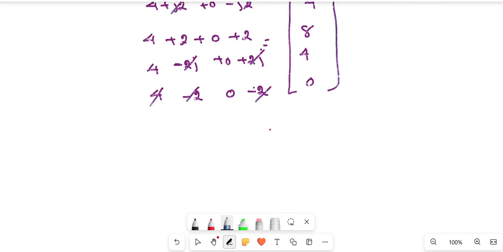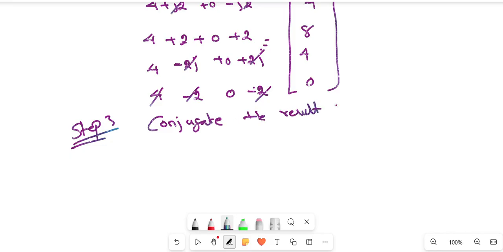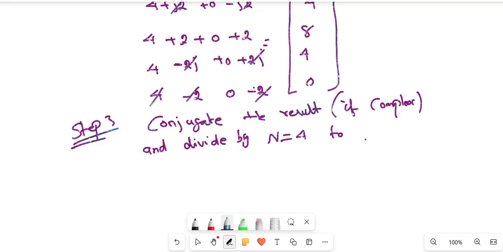Then the final step, step 3: conjugate the result again, if you are getting complex terms, and divide by n equal to 4 to get the IDFT of x of k.